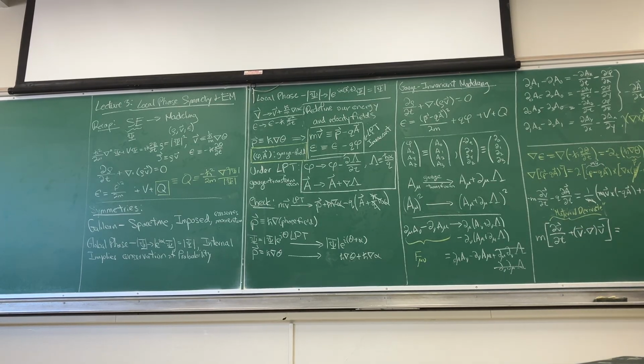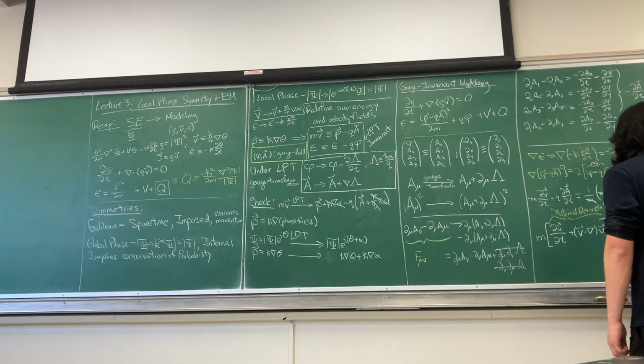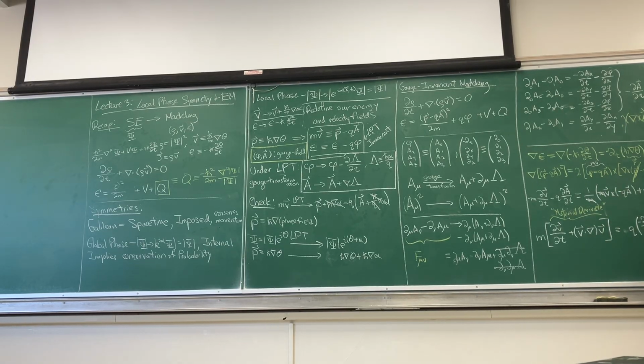This is equal to, I multiply through by minus, so I have moved this over to this side, this becomes a plus on this side, then multiply by minus 1, so this just becomes a minus on this side. So then I have minus q times, I guess, plus q times partial A partial t. And then we have minus q phi because this is multiplied by a minus.